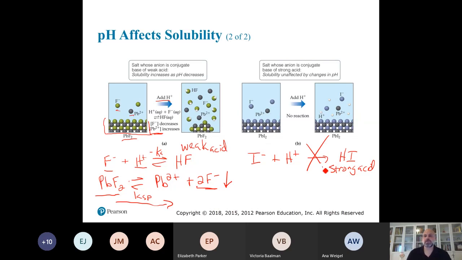This reaction only goes completely in the reverse direction because a strong acid is fully dissociated. So this doesn't affect the equilibrium solubility or the KSP of the lead iodide. All you end up with is extra protons in solution.